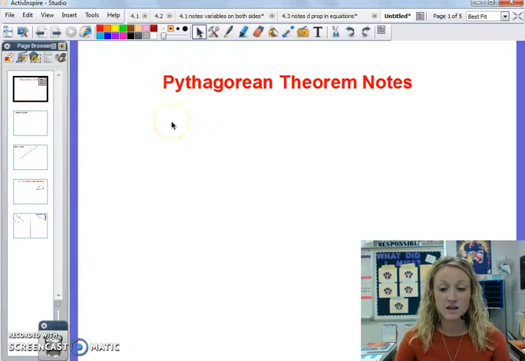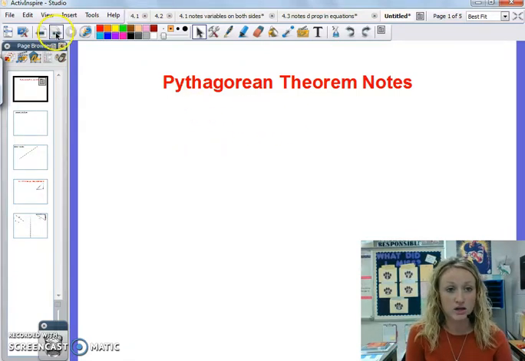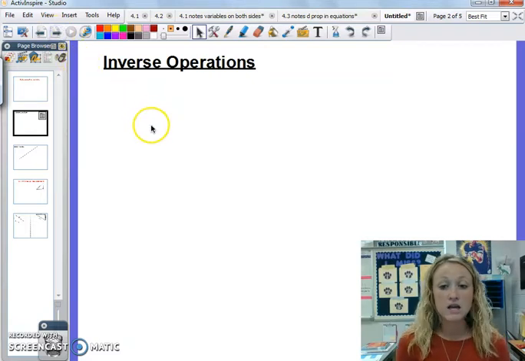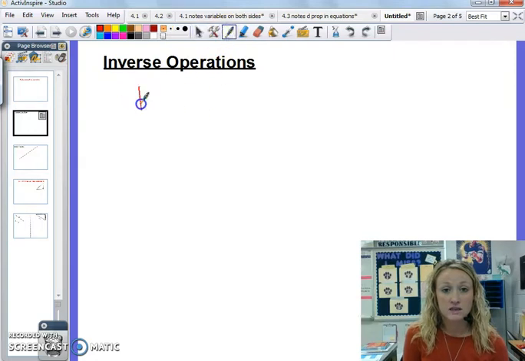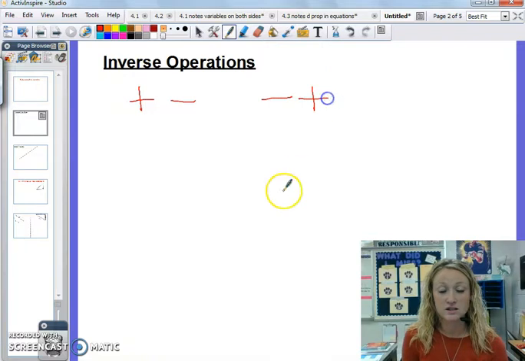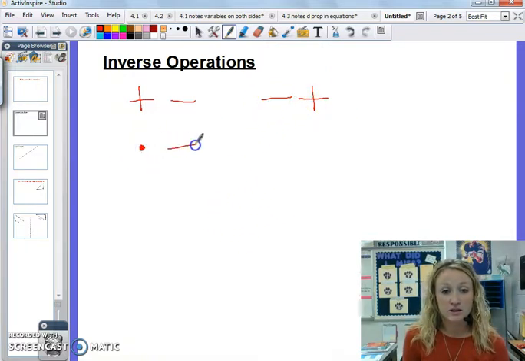There are just a few things that I want to talk about before we get started. First, very quickly, I want to go over our inverse operations. We know that the inverse of addition is subtraction and vice versa. The inverse of subtraction is addition. The inverse of multiplication is division. The inverse of division is multiplication.